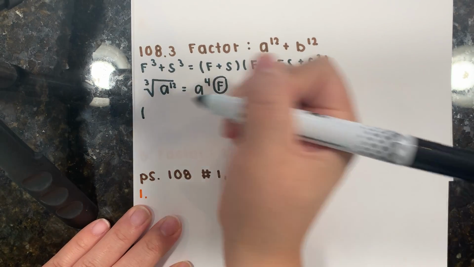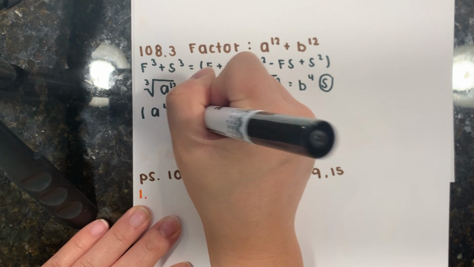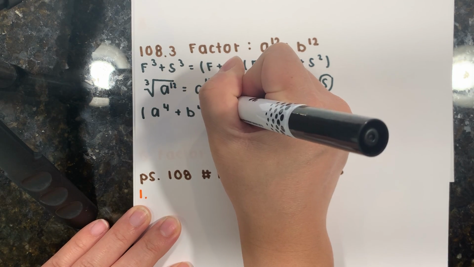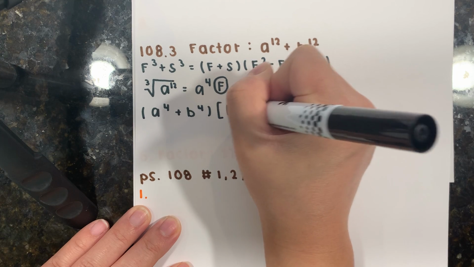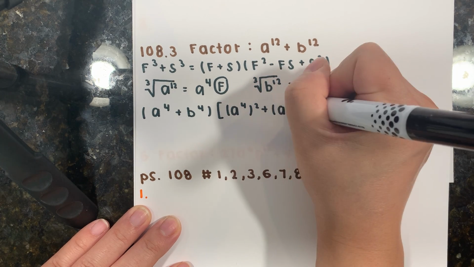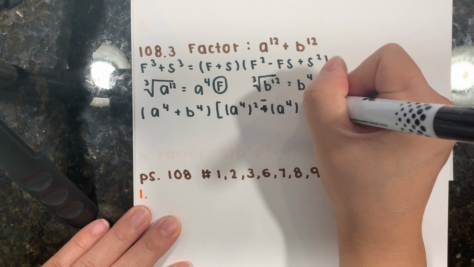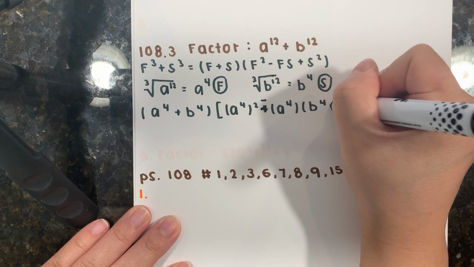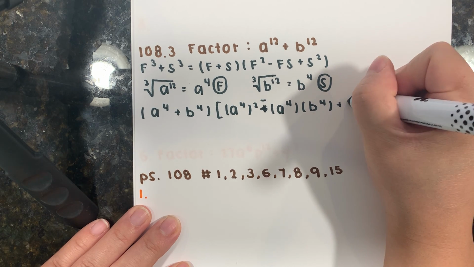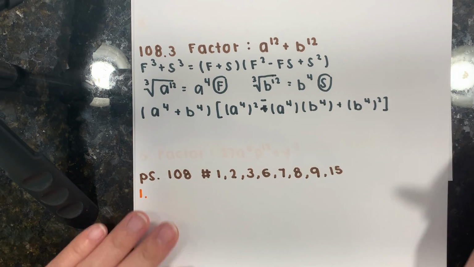So that would be a to the 4th plus b to the 4th times a to the 4th squared plus, oops, that should be a minus, minus a to the 4th times b to the 4th plus b to the 4th squared.